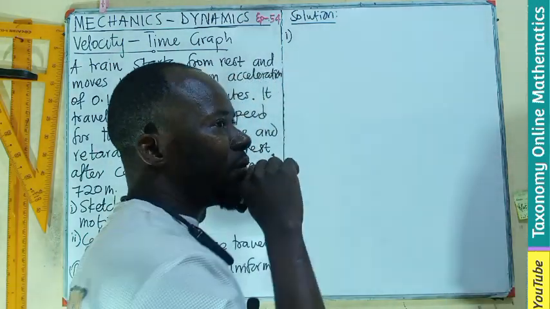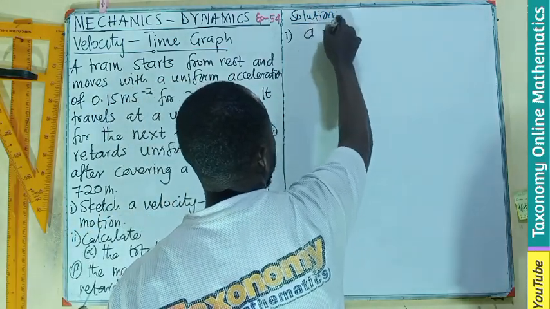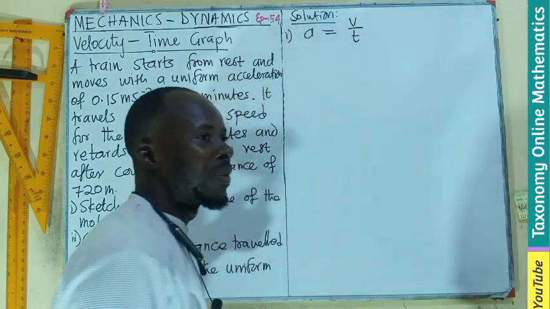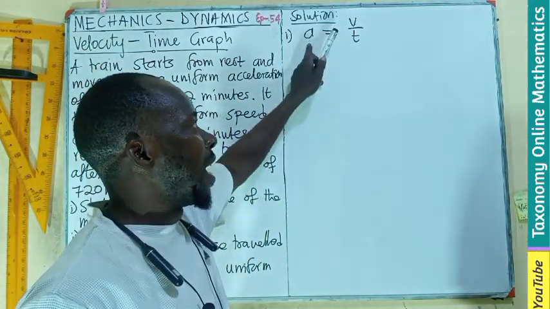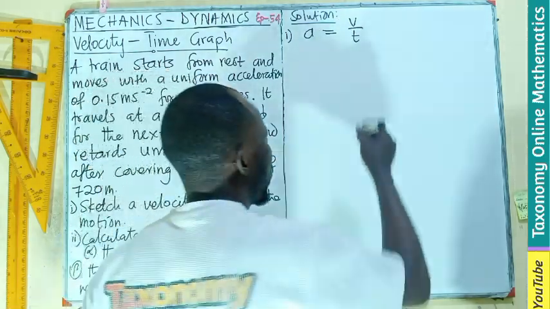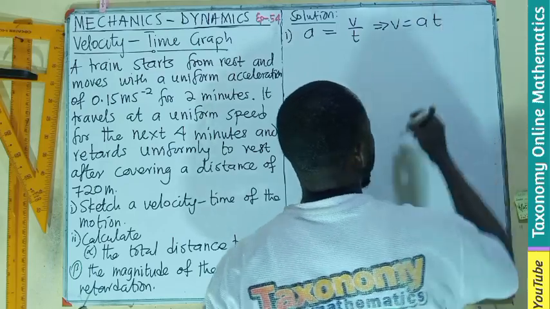Remember, if I'm looking for acceleration, I can say that acceleration is the change in velocity over time taken. So let's take velocity, which we are looking for. Here I can multiply through by t in order to find the velocity as a times t.